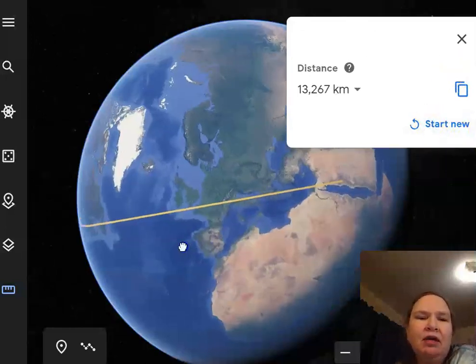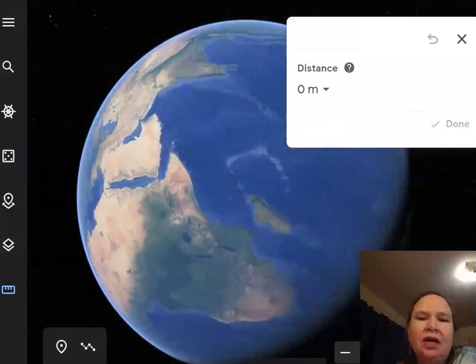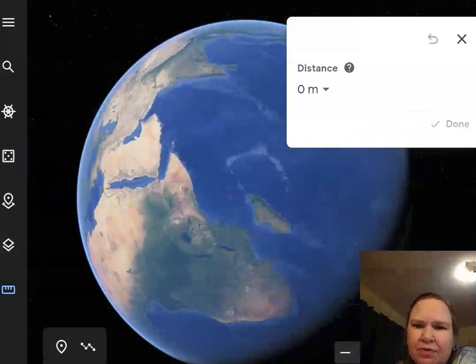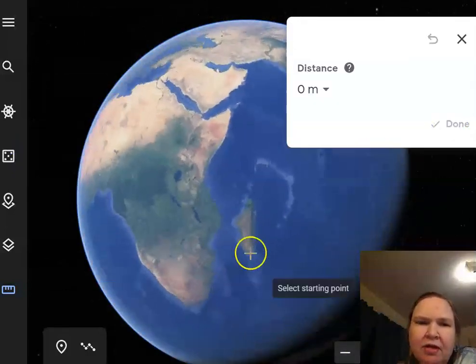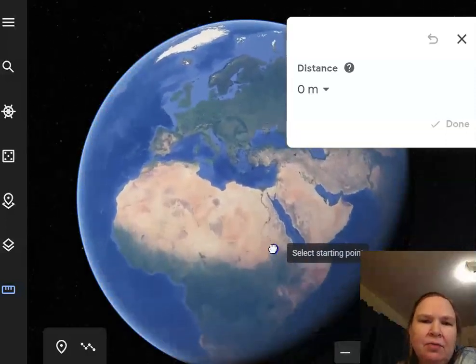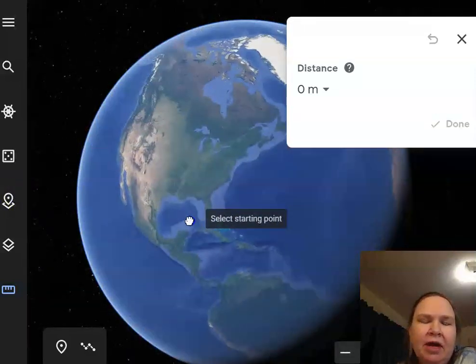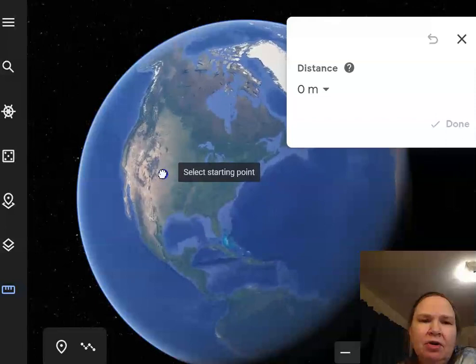So when you think about Google Earth, I want to change this so that north looks north again. There we go. I want north to look like it's up so that I know where I'm at. Okay, so here I am on Google Earth.